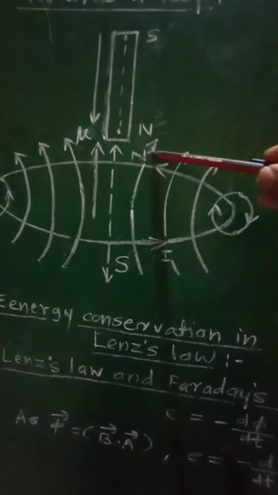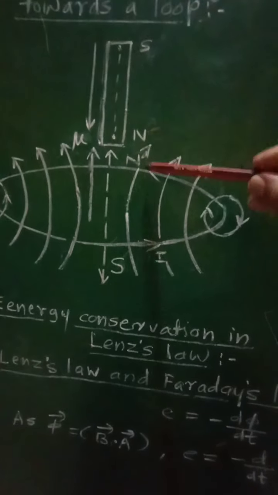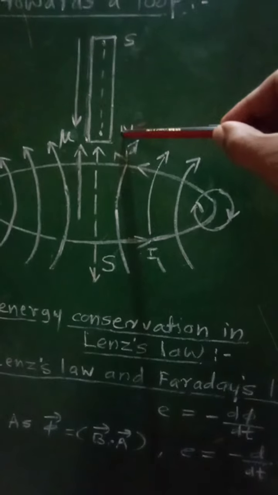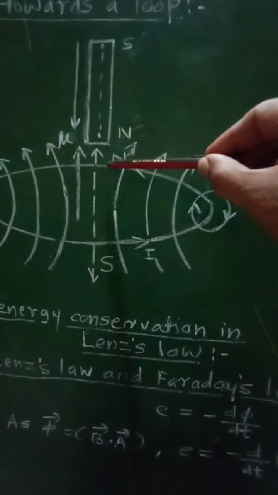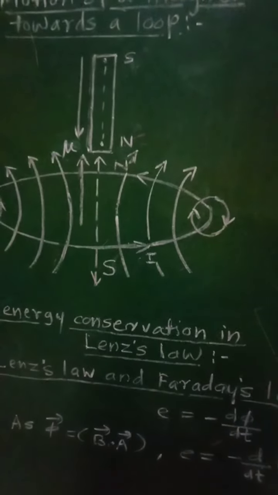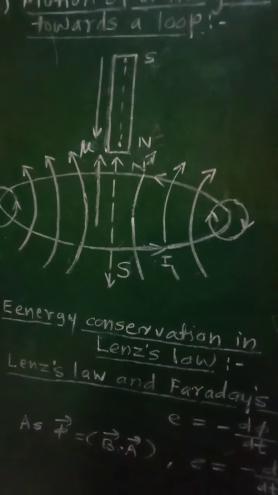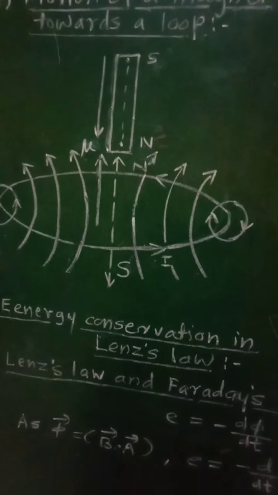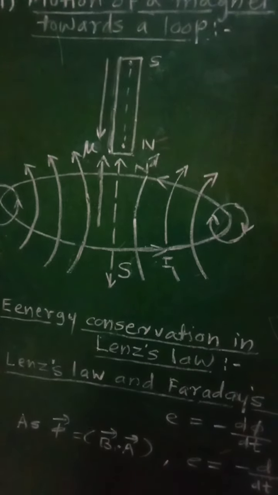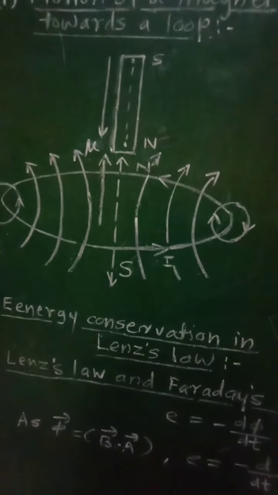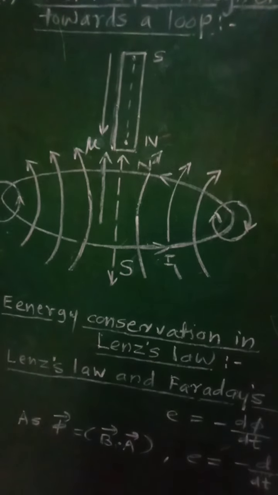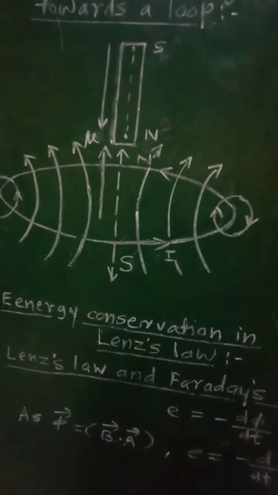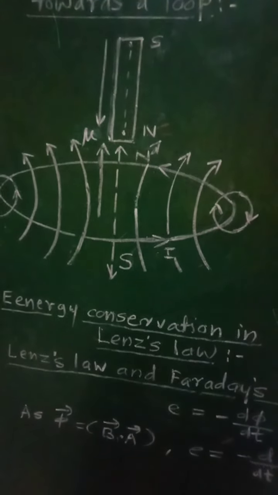So in this case, north pole was facing north pole, but when the magnet is moved away from the loop, the north pole of the magnet will be close to the south pole of the circular loop, and therefore there will be attraction between them, and the induced current in the loop will now flow in clockwise direction.